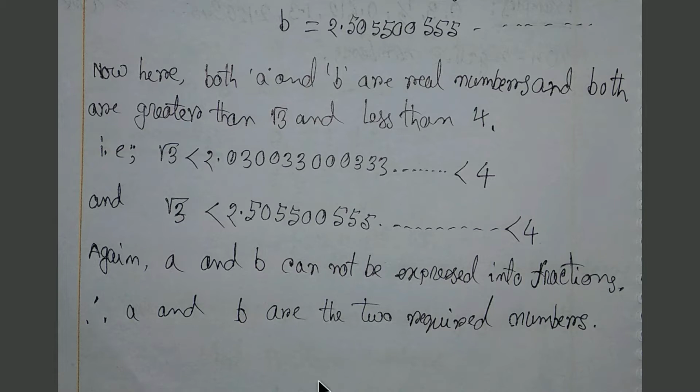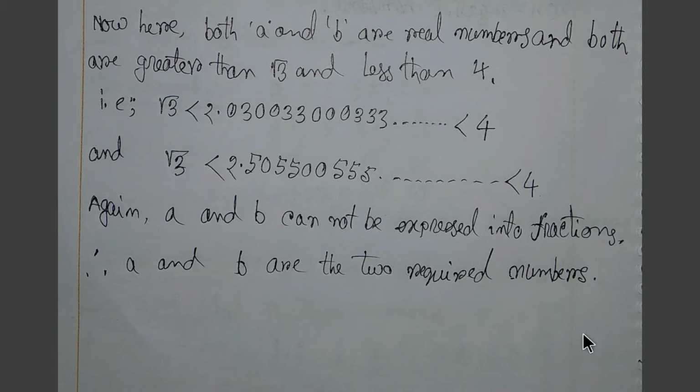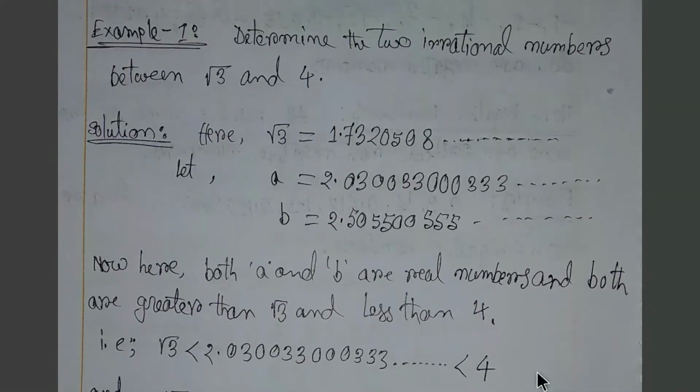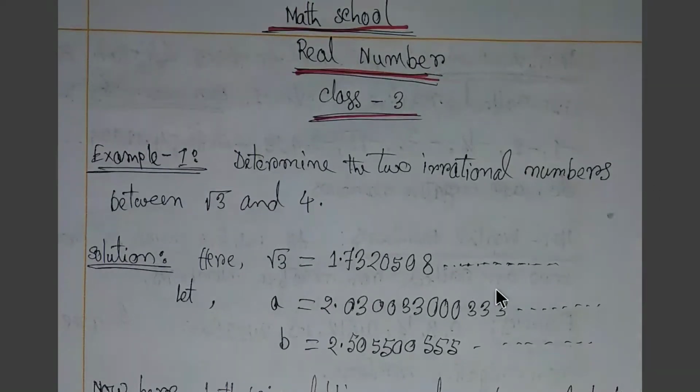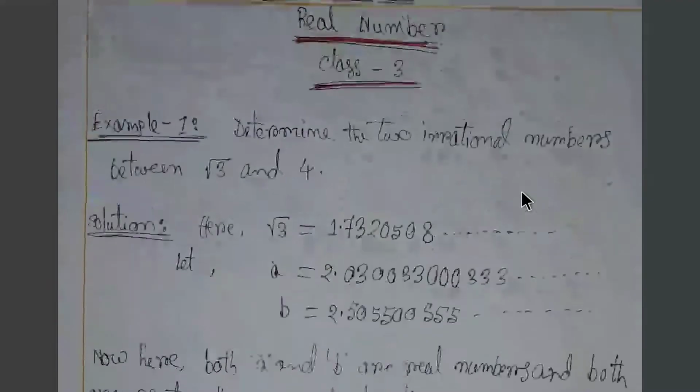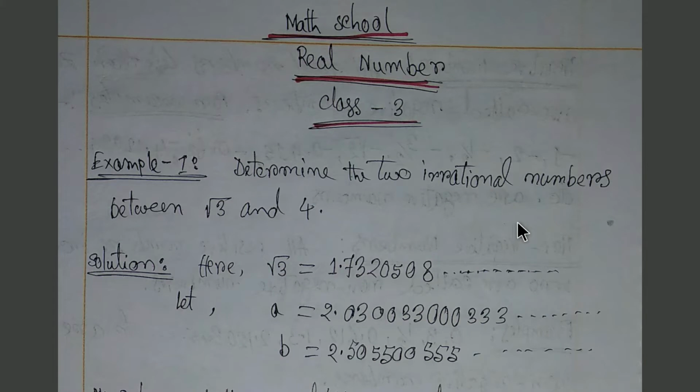Again, a and b cannot be expressed as fractions, so a and b are the two required numbers, which are called irrational numbers. So in this way we can find irrational numbers between two numbers.